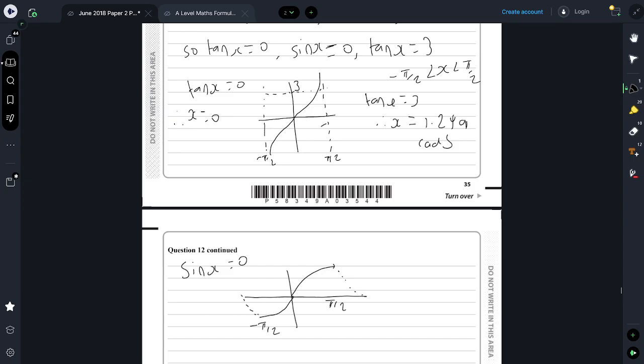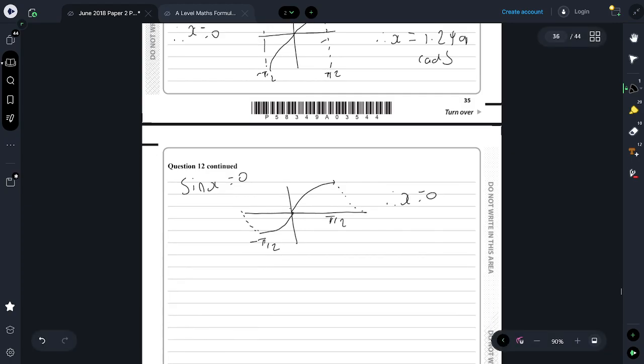And that's the sine graph. Okay, cool. So I need it to be 0. Well, again, that just means x is 0, and that's the only solution in this interval. Therefore, x is 0 or 1.249 radians. And that should be your solution to that question.